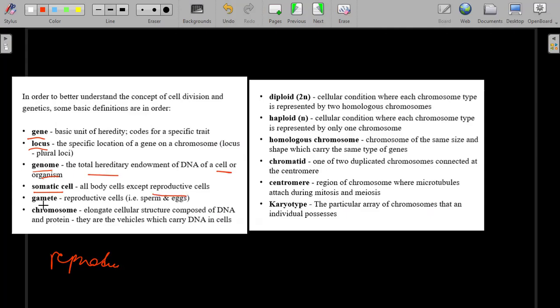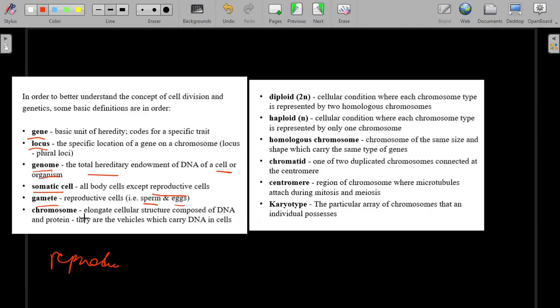Then we have gametes. For gametes, you can have a sperm and an egg, depending on the type of organism you have. If it's a male, you are going to have a sperm. If it's a female, you end up having an egg. Those are gametes.